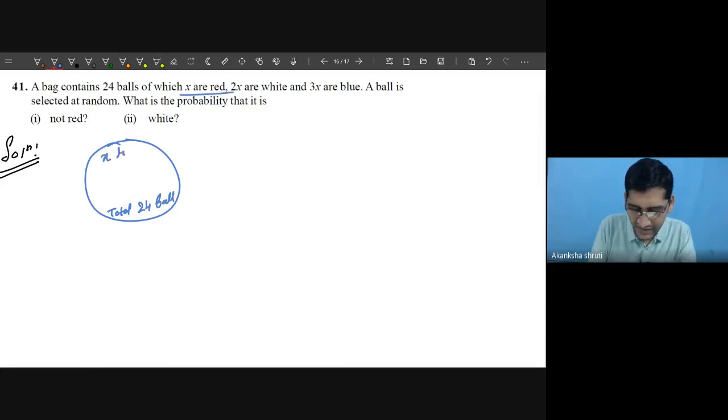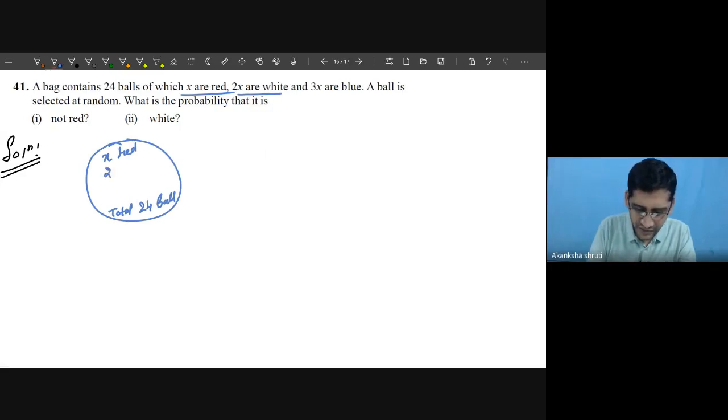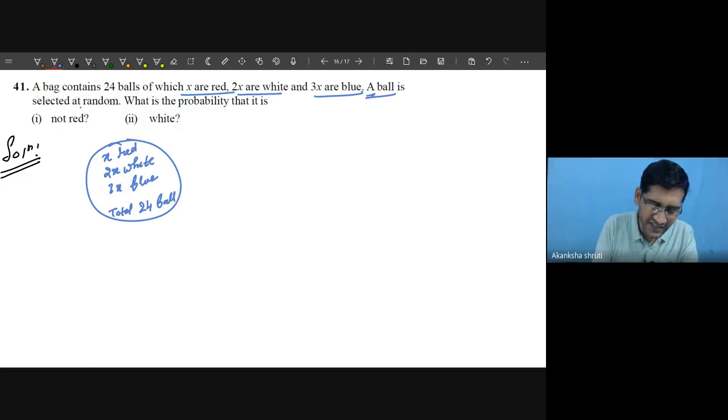So X red, 2X white, 3X blue. One ball is drawn at random. What is the probability that it is not red and white?